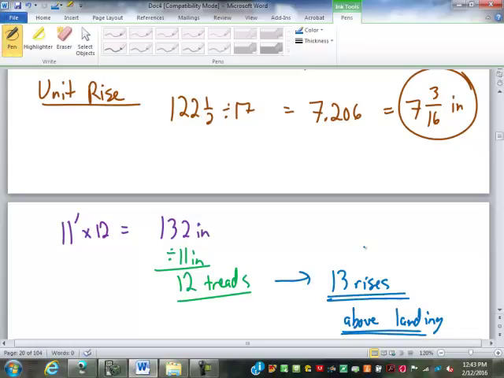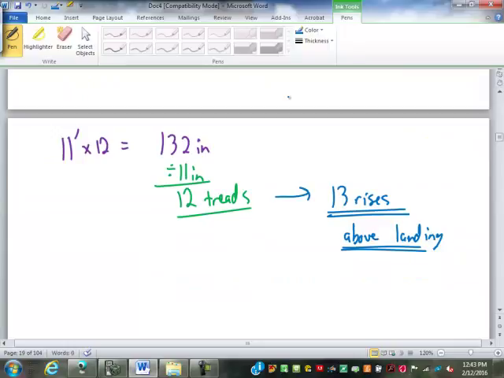Now we said we're going to have how many rises total? 17. So that means if there's 13 above the landing, there's 4 below the landing. So that means how many treads? So 3 treads below the landing.